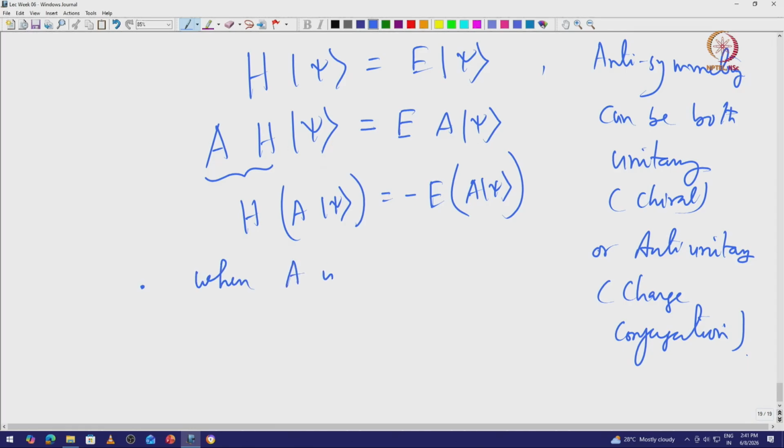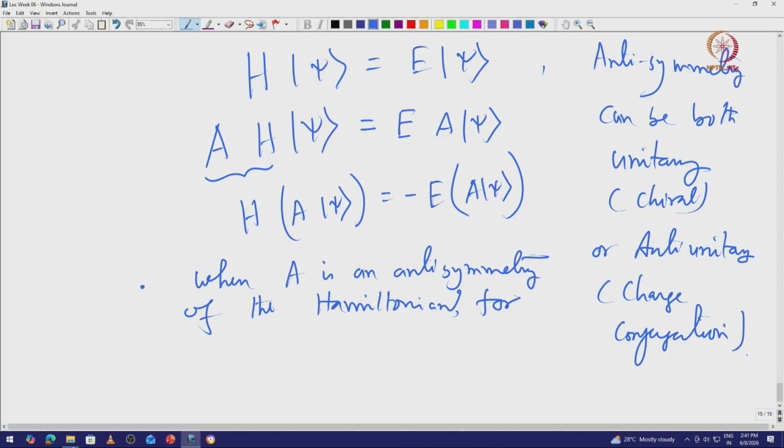When A is an antisymmetry of the Hamiltonian, for every state with energy eigenvalue E, there will exist a symmetry multiplied with that state as an eigenstate of the Hamiltonian with minus E energy.